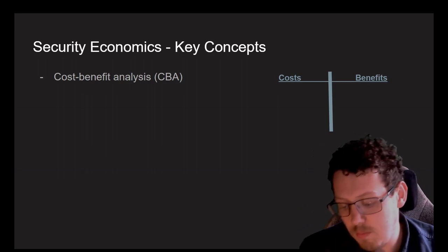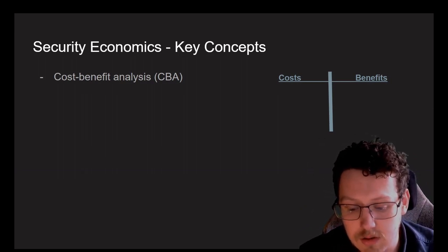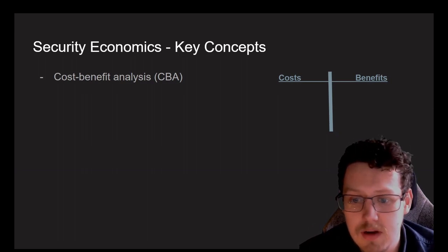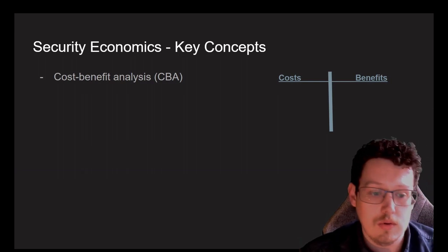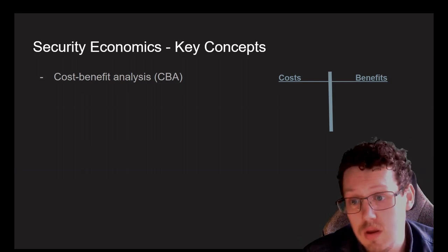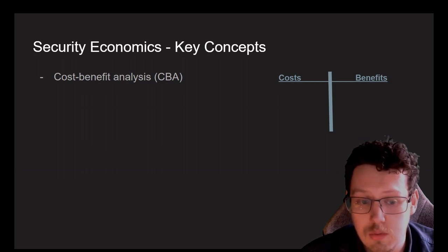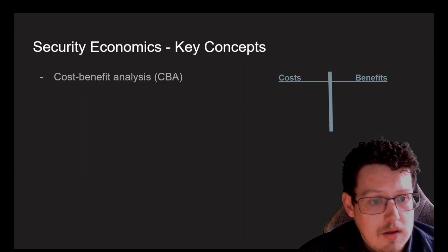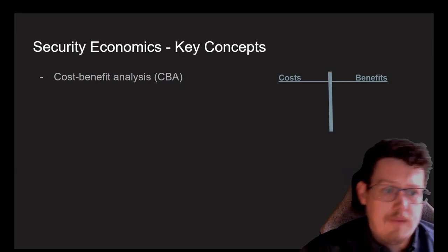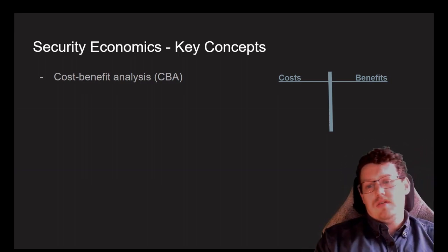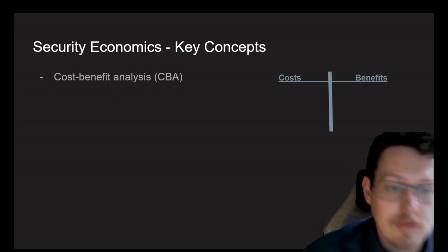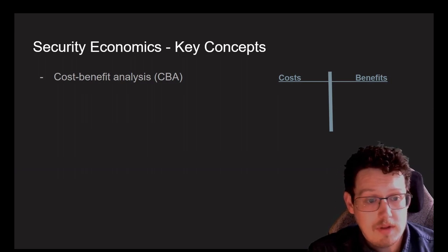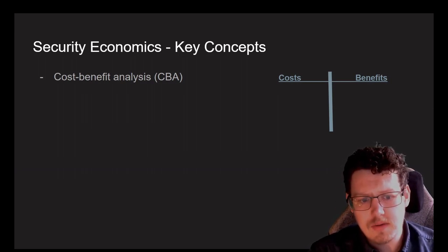Essentially, you're trying to apply a monetary value to each of the costs and benefits, and then you add them all up at the end and see whether it's too costly or actually worth making an investment. So you're trying to enumerate all the different costs and benefits that you can think of, and apply monetary values to them.